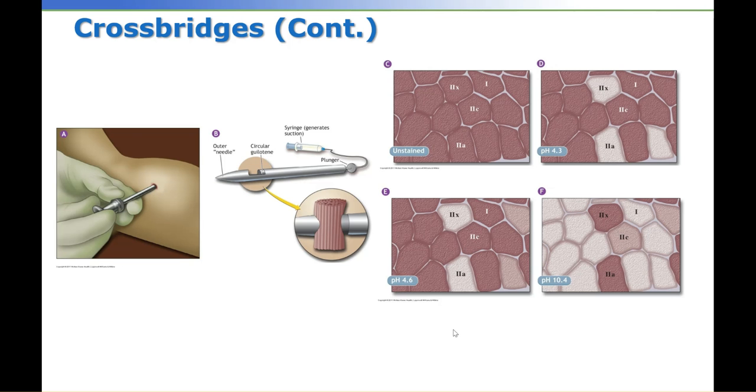Why these look different is the pH. The fibers are stained for myosin ATPase activity, which is why you're seeing the whiteness, the acidity. These things in the book are showing the myosin.